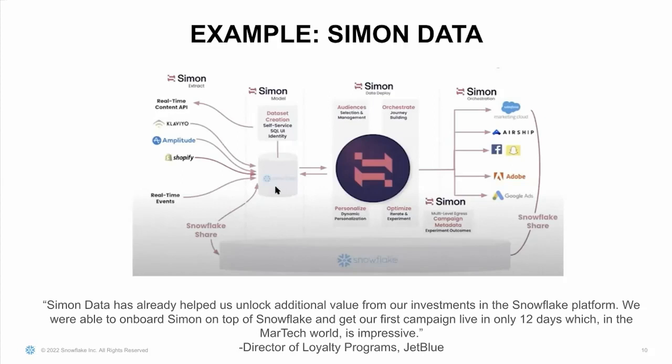Instead of having Simon go out and connect to these different resources, the customer can simply share data from their Snowflake account to the Simon Data Snowflake account for the data mapping, and then have the rest of the application take advantage of that data. So it simplifies that ingestion process. In addition, when all of the campaigns are run, the results of those campaigns are also shared back to the customer's Snowflake account, so they can analyze it with other data that they might have.